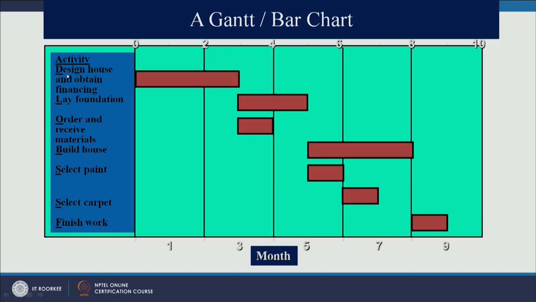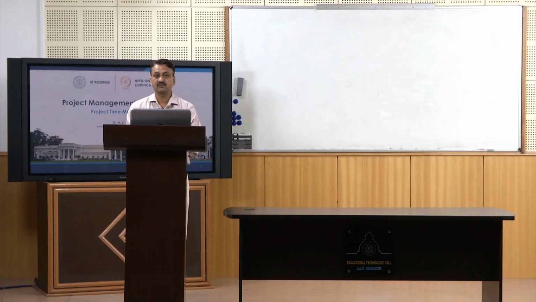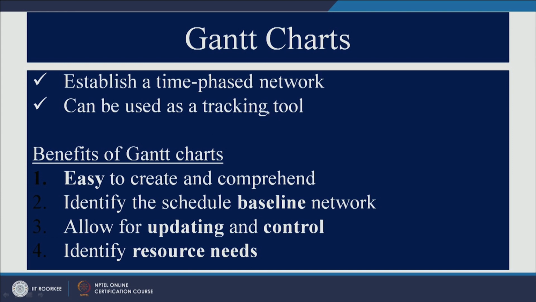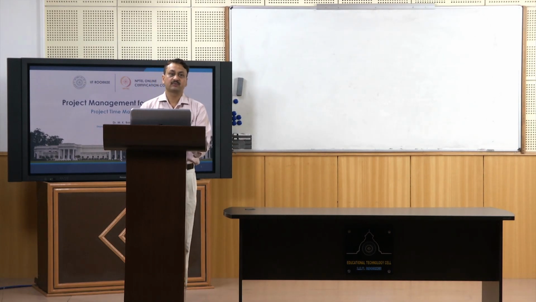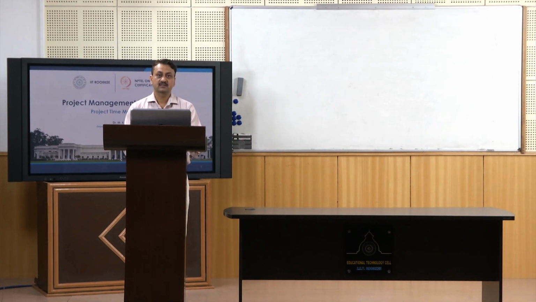So in a sense we can say that it is giving you the progress level of different activities. So this is bar chart. As I said, it is also known as Gantt chart. So it can be used as a tracking tool, as I already told you. What we generally track is how much progress an activity has achieved.